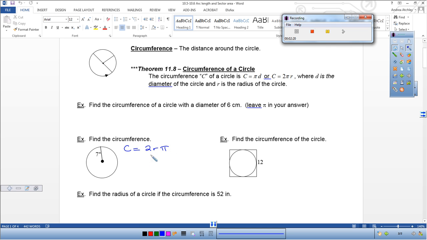So 2 times 7 would be 14 times pi. And again, it's going to be about 3 times 14 times 1/7.